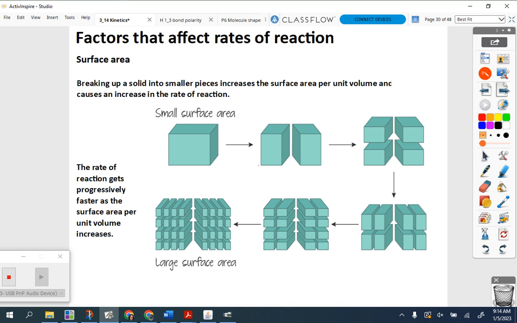All right, so if we take this volume of this cube, the surface to volume ratio is relatively low. When we cut it in half, we're introducing two whole new surfaces. So we're increasing the surface to volume ratio. If we cut it in quarters, we're increasing it again, and so forth. So the smaller the particles, the larger the surface area.